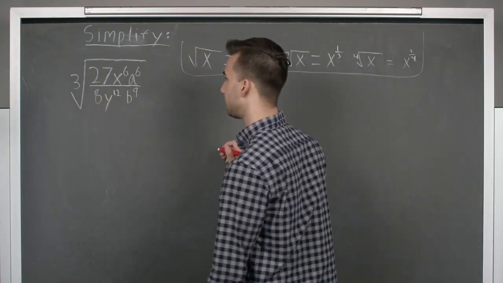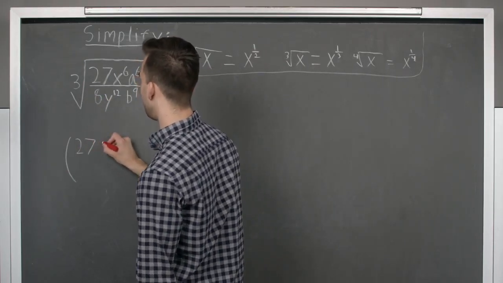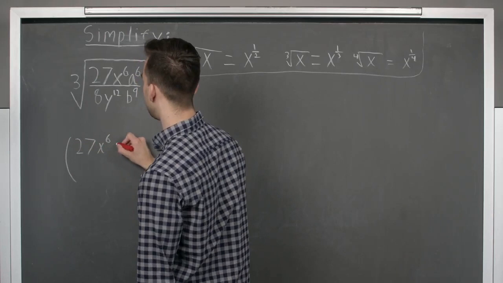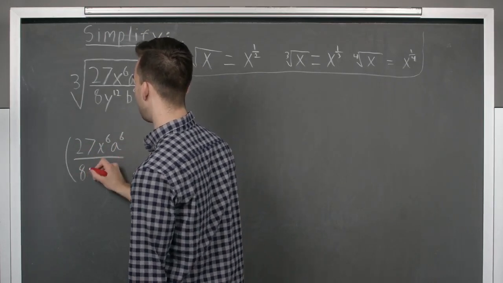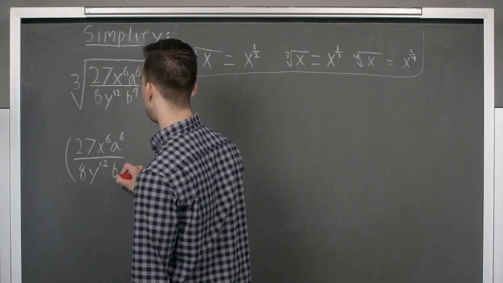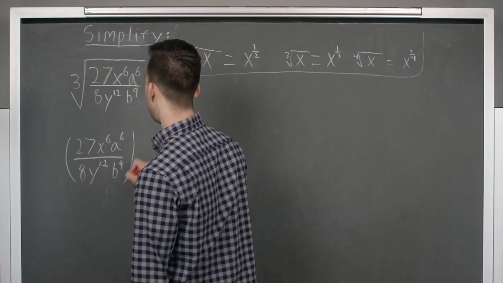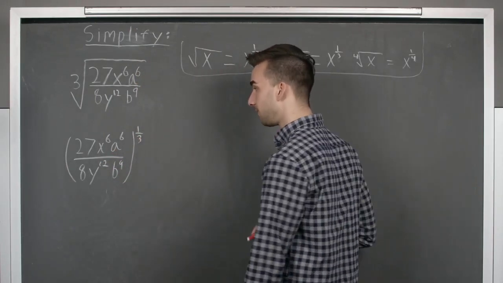So we can just rewrite this as 27 x to the power of 6, a to the power of 6 over 8, y to the power of 12, b to the power of 9, all that times the exponent of 1 over 3.